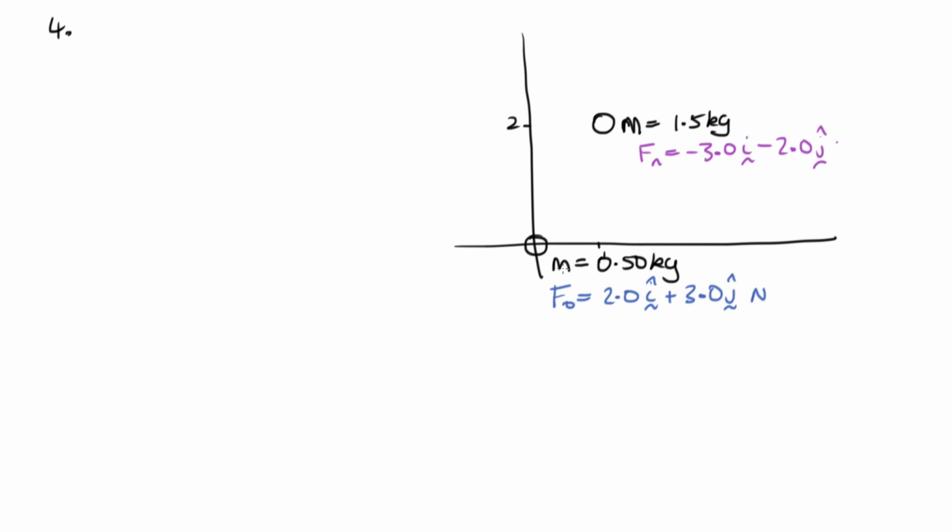And we're told that these forces act from t equals 0 seconds to 4 seconds, and we can assume that they start from rest. Now it asks us what is the displacement of the center of mass.